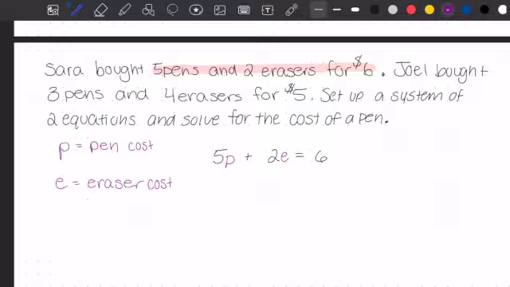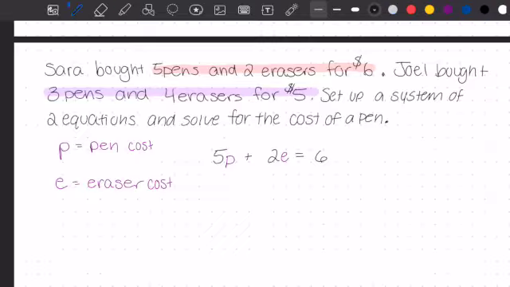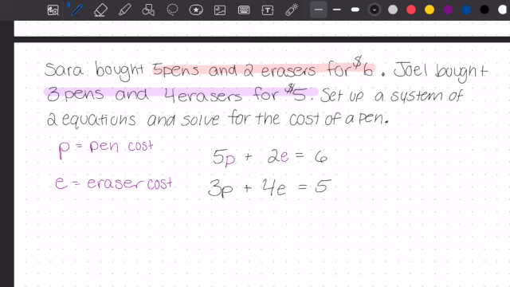So 5 times the cost of something plus 2 times the cost of something equals $6. Does that make sense? So then my other equation is going to be based on what Joel bought, which was 3 pens and 4 erasers for $5. So I'm going to have 3p and 4e equals 5. So 3 times the cost of the pen plus 4 times the cost of the eraser equals $5.